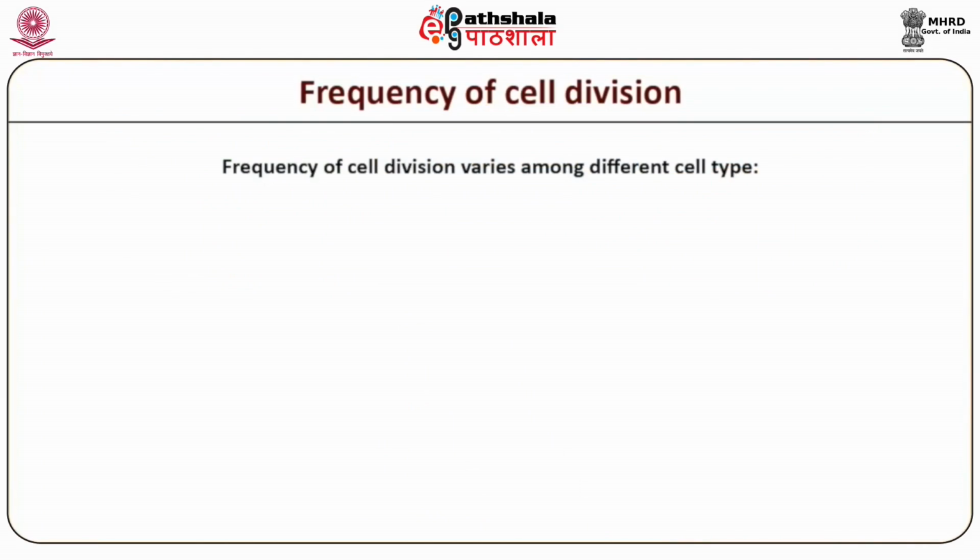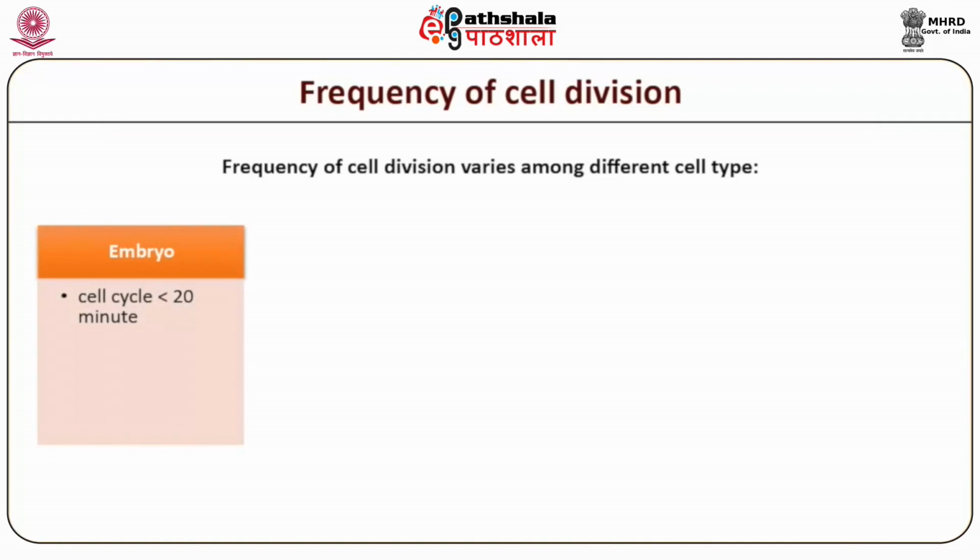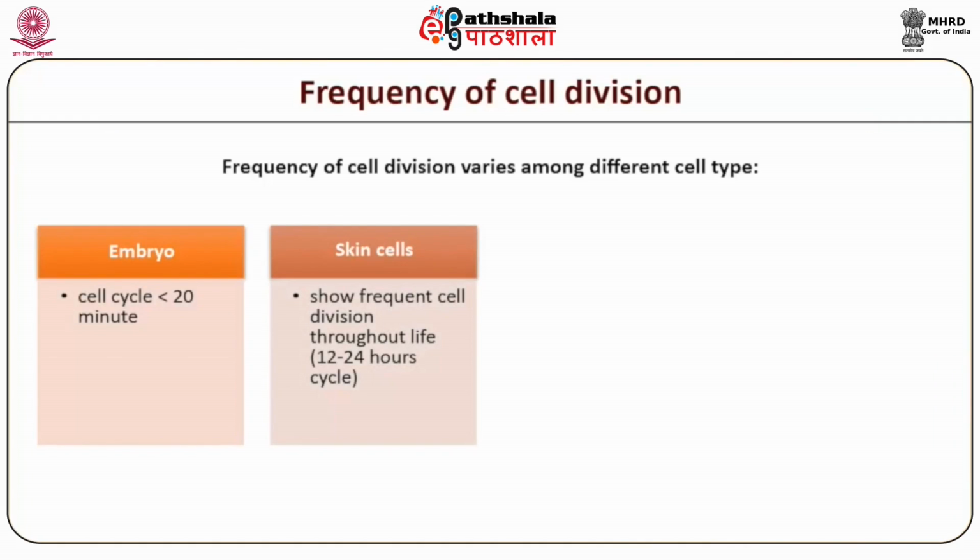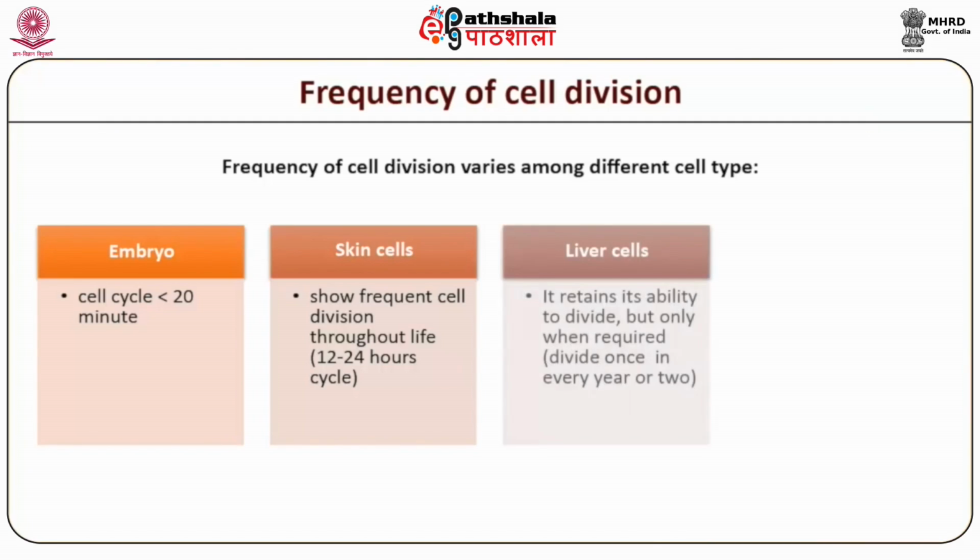For example, cells of embryo divide approximately in 20 minutes. Our skin cells show frequent cell division, around 12 to 24 hours per cycle. They are replaced very fast. If you take the example of our liver cells, they retain their ability to divide only when required.